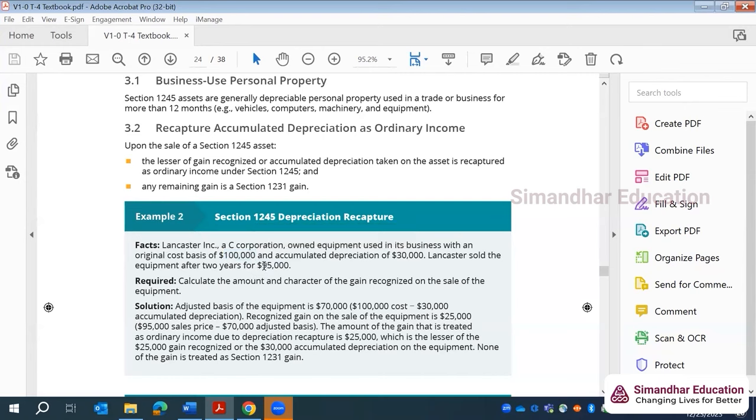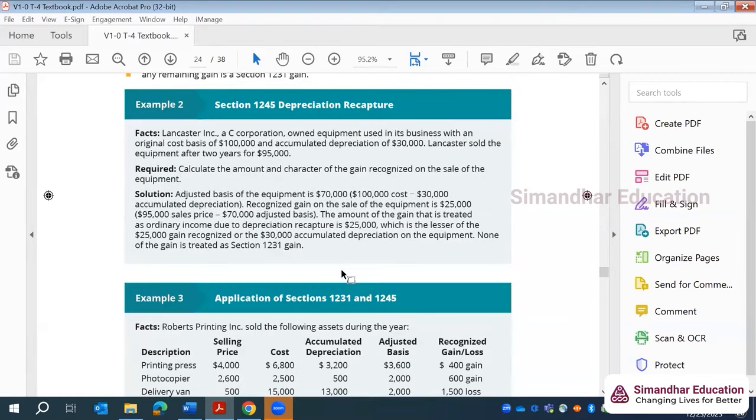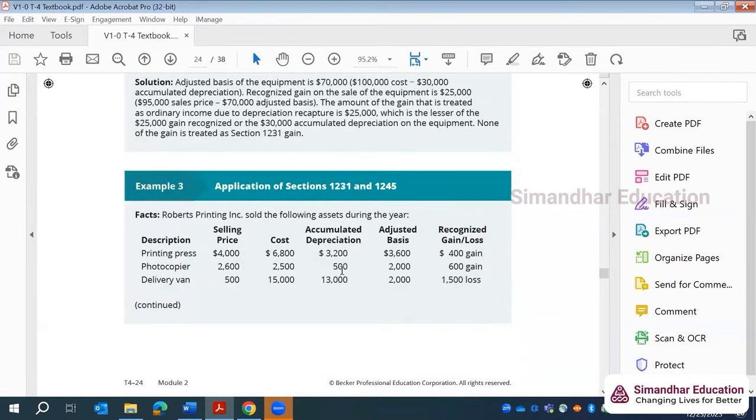So, $5,000 is going to be my section 1231 gain, and the $30,000 is going to be my section 1245 gain, which is nothing but the recapture of the depreciation. Everyone clear on this example?